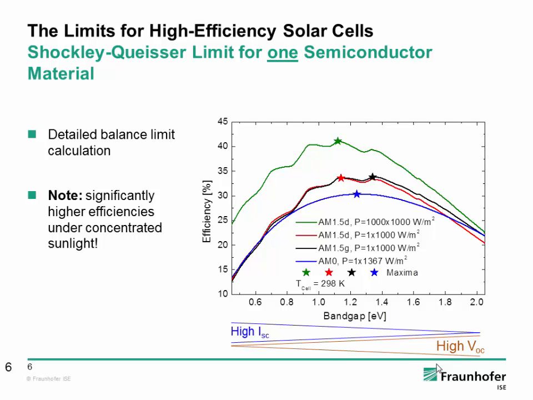This is the efficiency calculated under concentrated light, also for the AM 1.5 spectrum, at a concentration level of 1000. So it's important to note that the efficiency under concentrated light rises, even if we have the same band gap material. So that's very important. That means concentrating sunlight raises the efficiency.